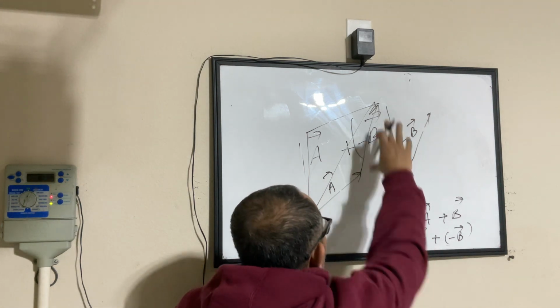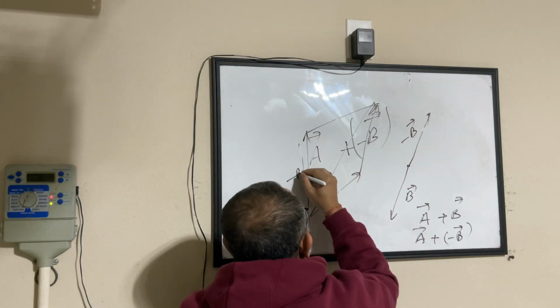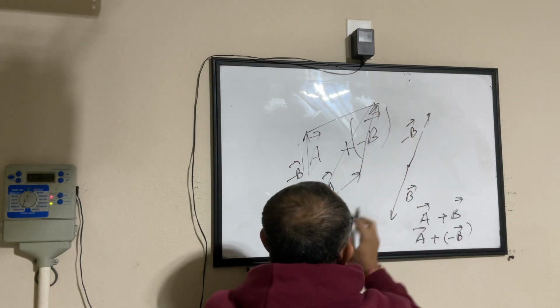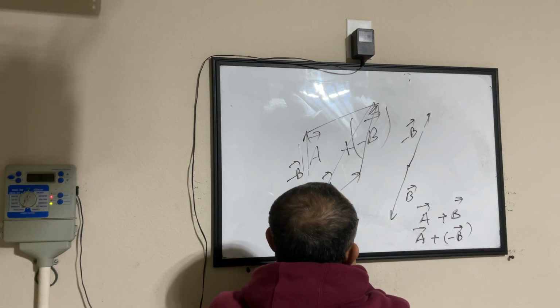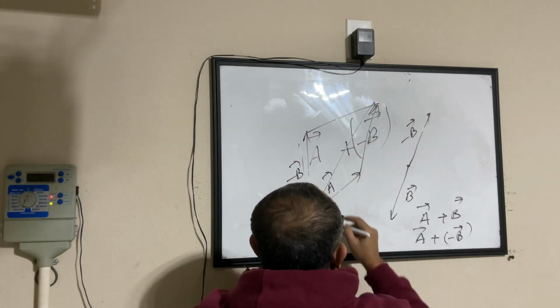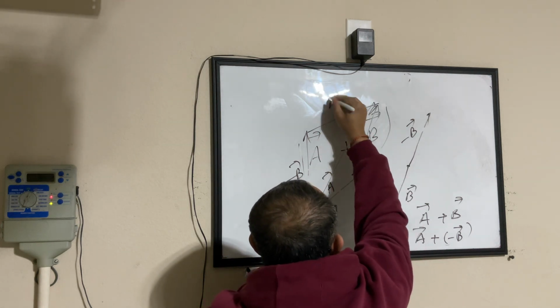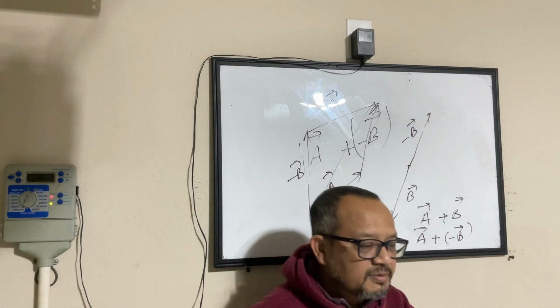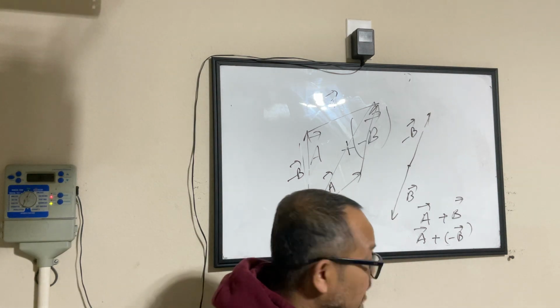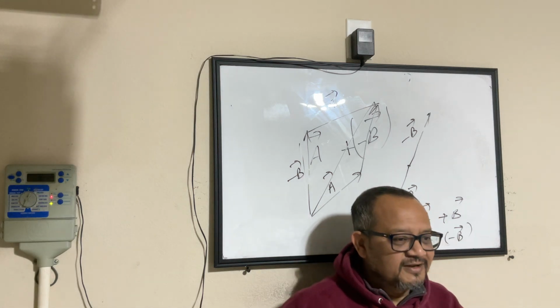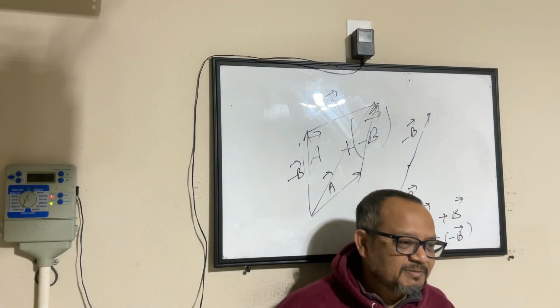So this becomes my B, minus B here, and this remains my, this one was A, right? So yeah, this one is A. So in both cases, this is the diagonal of the parallelogram. It doesn't look like a parallelogram though, but you've got to trust me as a teacher whom you have been dealing with for some time now.